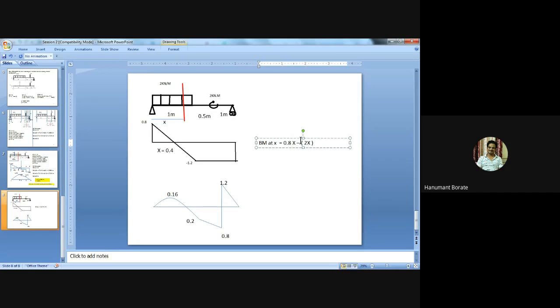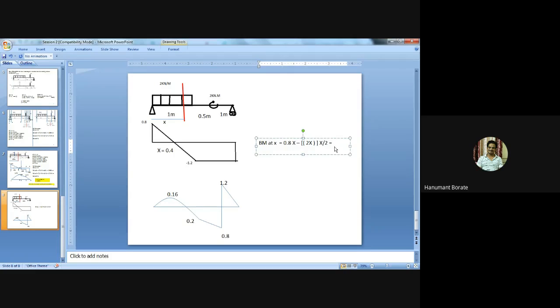Then that 2x total load will act at the center of the partial UDL, at a distance of x by 2. So I will write here distance x by 2. In this way I will get the equation, and we need to equate this equation equal to 0.